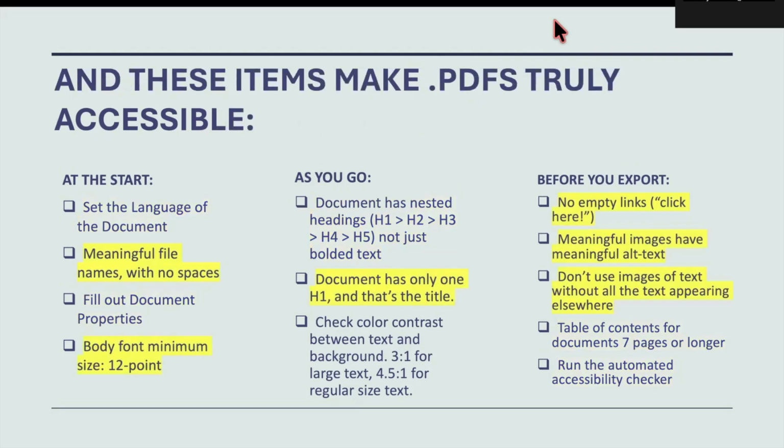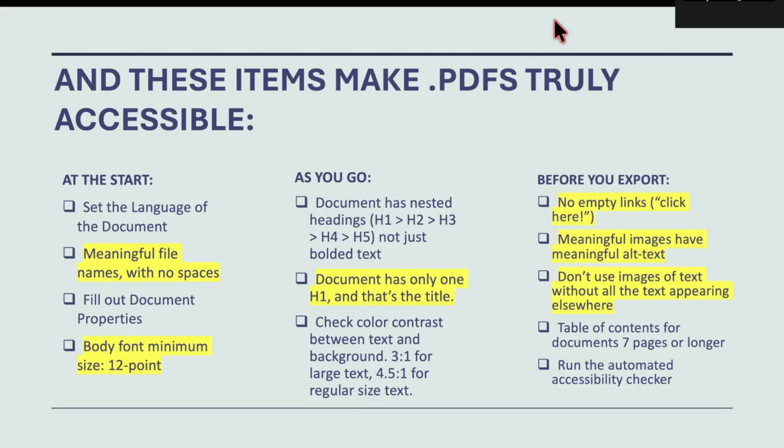These are the items that are going to make an automated accessibility checker give you a passing score. At the same time, these other items, the document accessibility fundamentals, are what's going to make PDFs truly accessible. They're not things that an automated checker will necessarily pick up on, especially when you're working in Microsoft Office Suite, but they are things that are going to help you create and distribute very accessible PDFs.